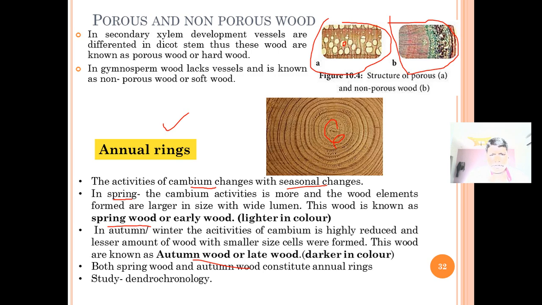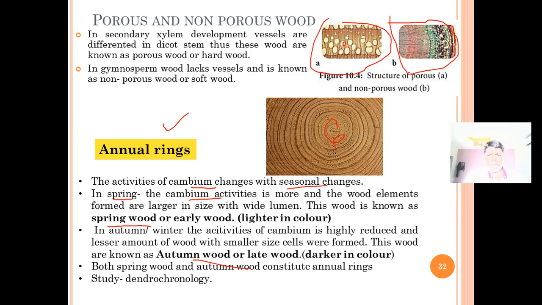How is spring wood formed? During the spring season the cambial activity is more, thus the size of the cells is larger and the lumen is also larger, and that's why the size is somewhat bigger.